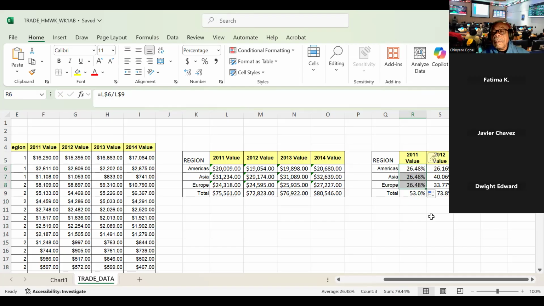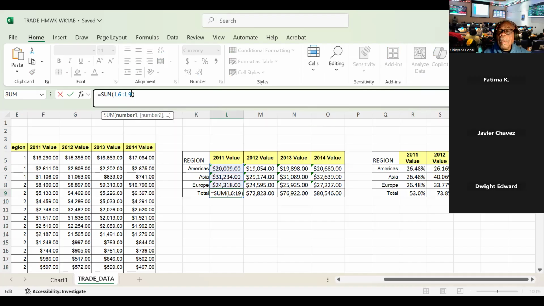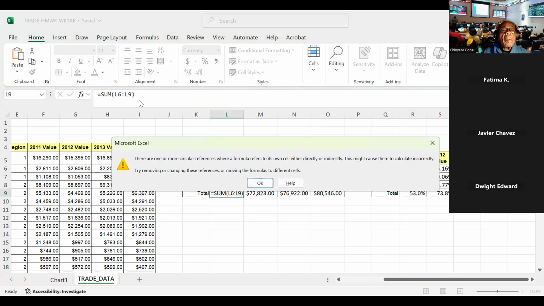All right, something wrong with my formula. L $6. So L will move over, L $9. Oh, this is supposed to be 9. It's correct, Professor. It's 8.